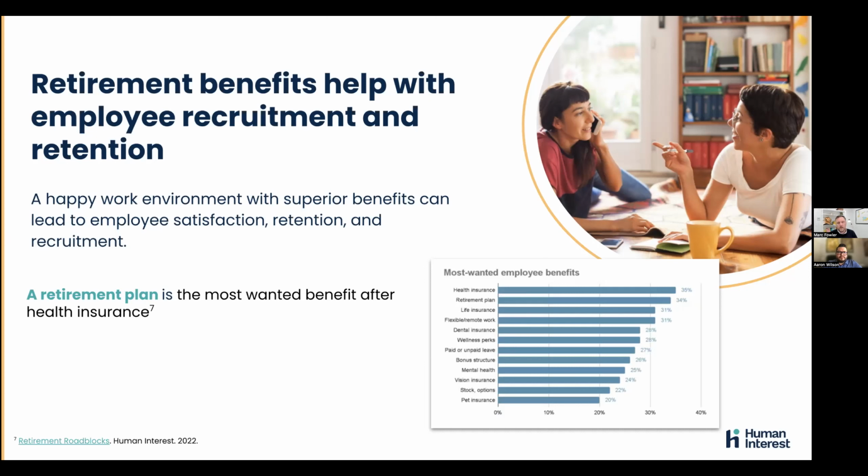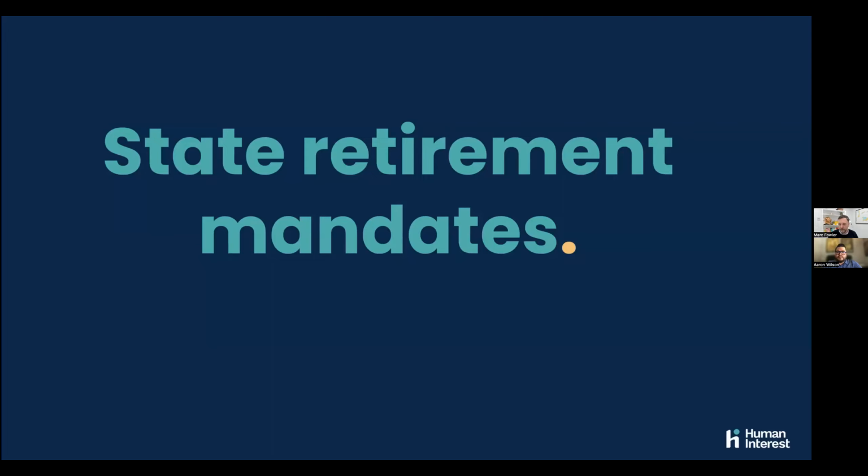All right. So right there, it's the right thing to do. It's also good for attraction and talent retention within the company. But then there's also the element of you might have to do this. And that's where we talk about state retirement mandates. Each state has started to realize that if we don't lean in here, if we don't start doing something, we're going to have a generation of people who can't really afford to live in our state, and we're going to have to support them somehow.